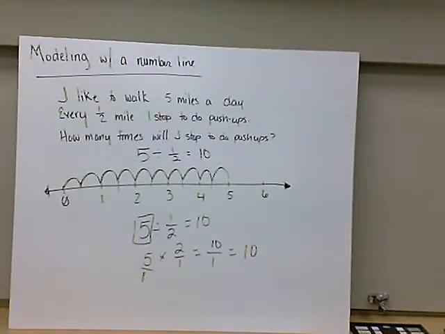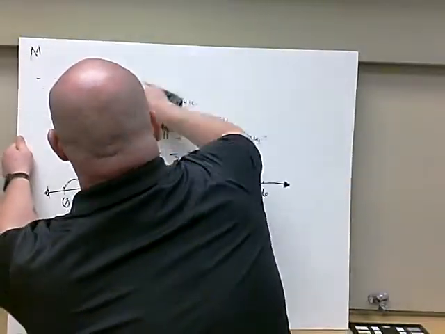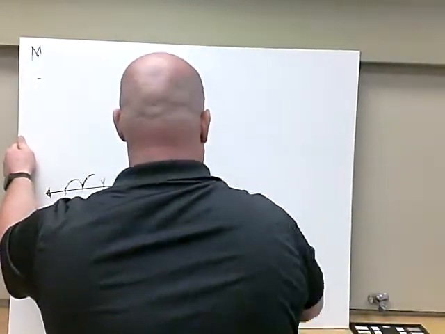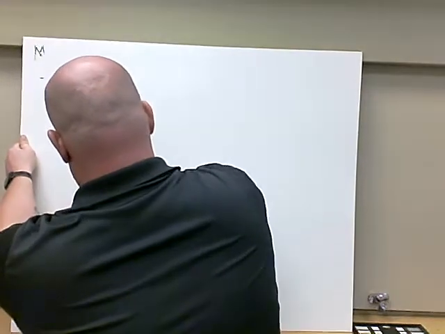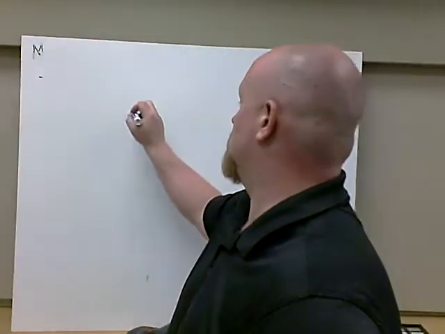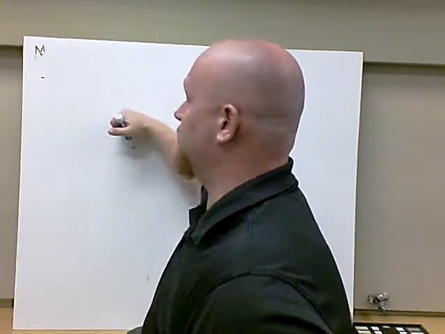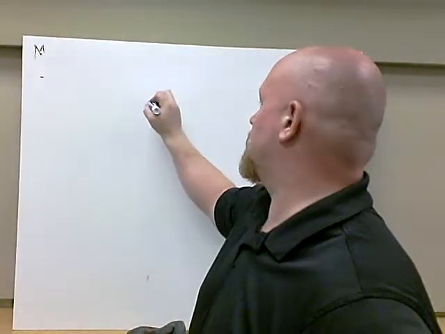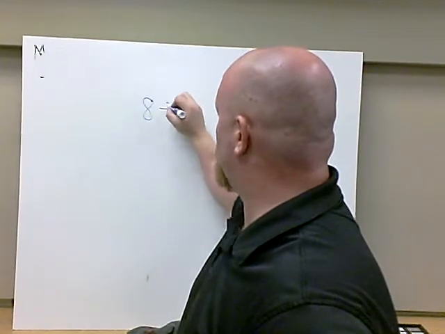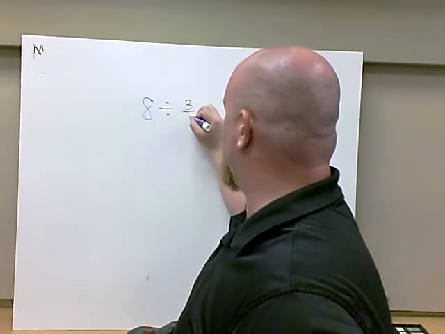So now let's look at one without the modeling. A brand new problem. We did 6 in the Thanksgiving problem, so let's not do that. Let's do 8 divided by 3/4.